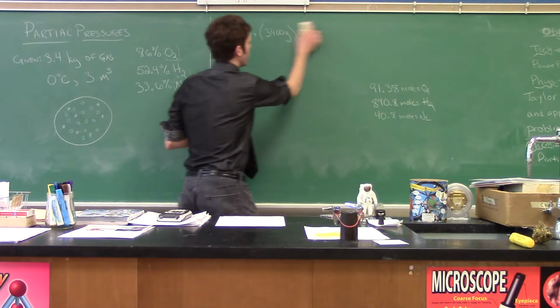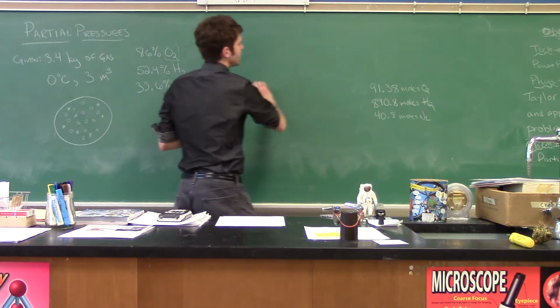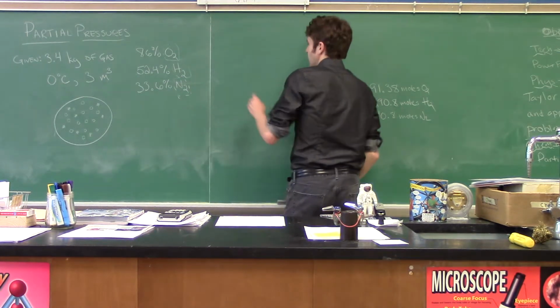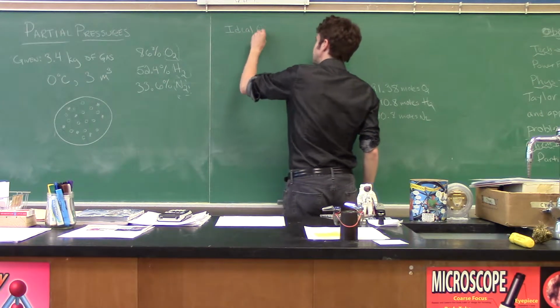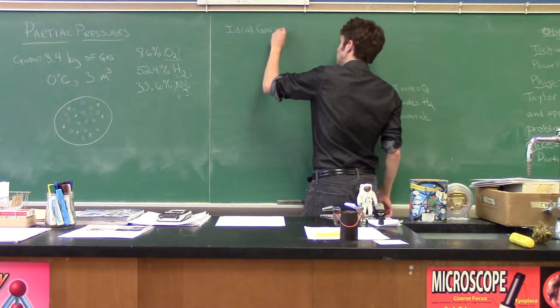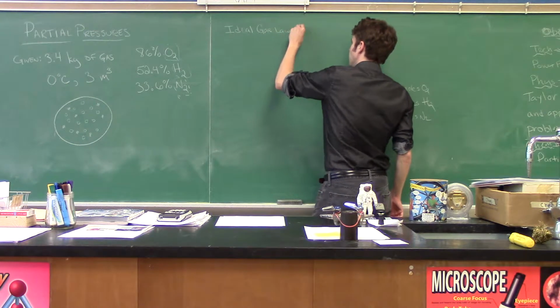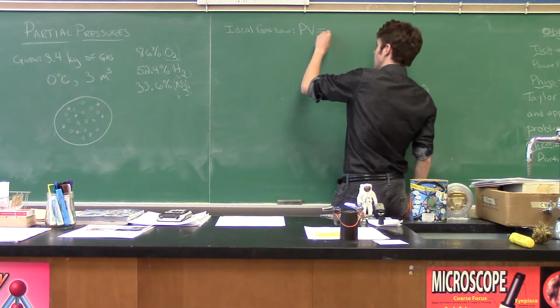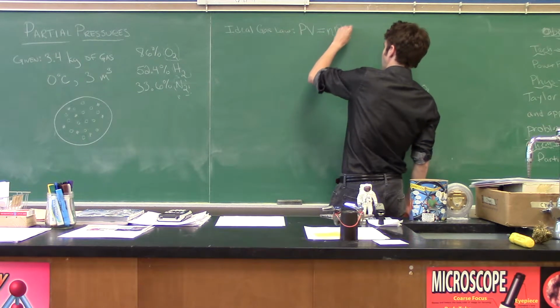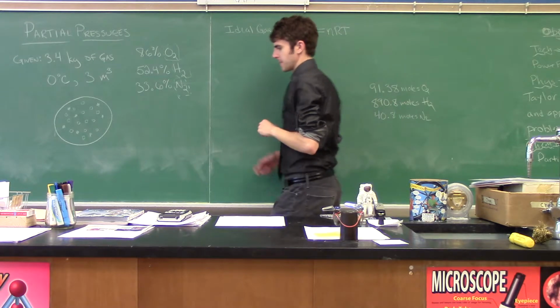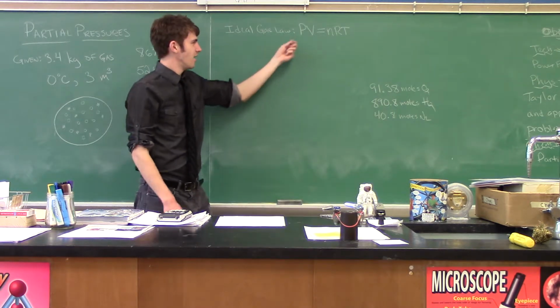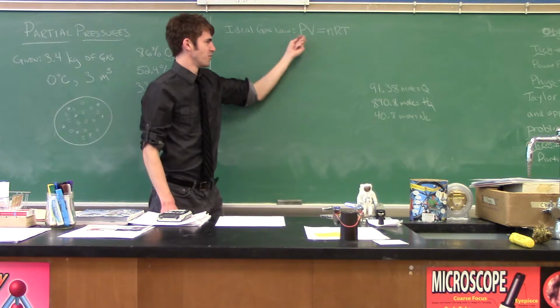So we'll begin by noting what the ideal gas law is. And does someone want to help me out? PV equals nRT. Excellent. All right, so obviously we're looking for P, our total pressure.